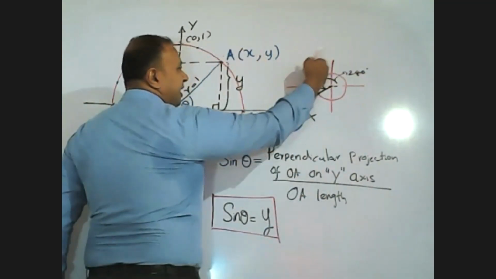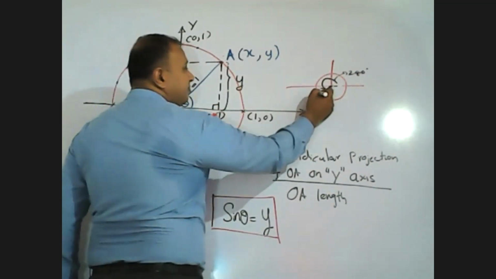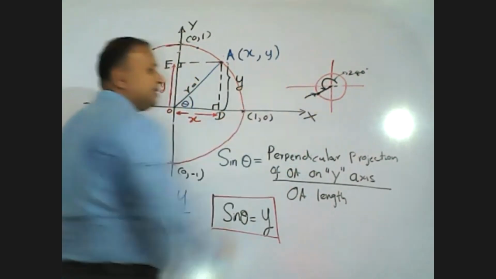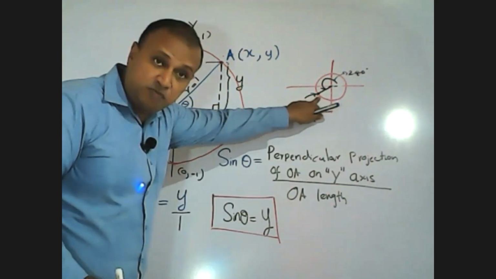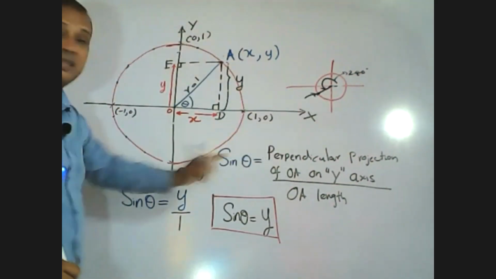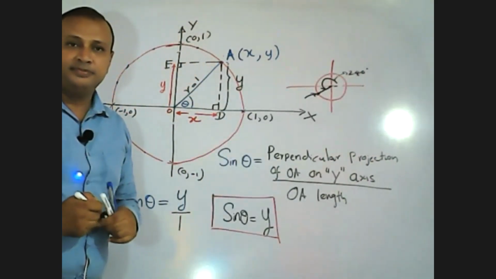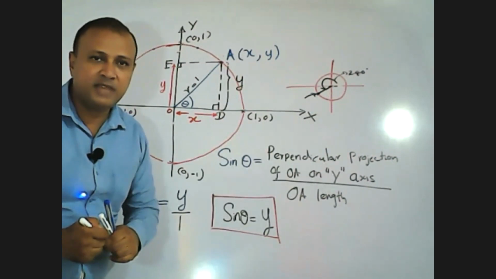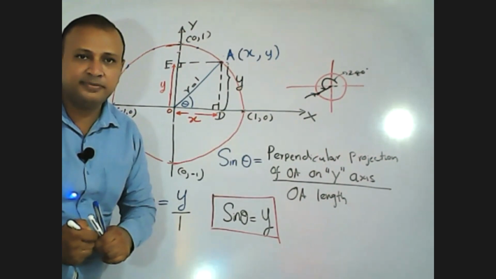If you rotate the line segment by 240 degrees, the y coordinate of this point represents the sine value of this rotated angle. Did you understand? Everyone? Thank you. Others?